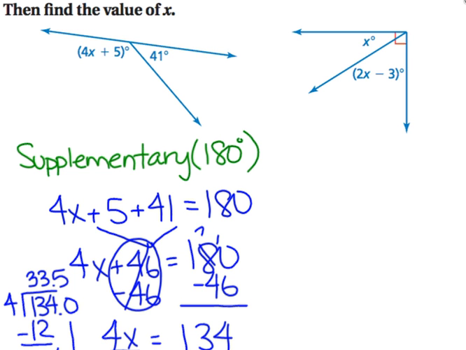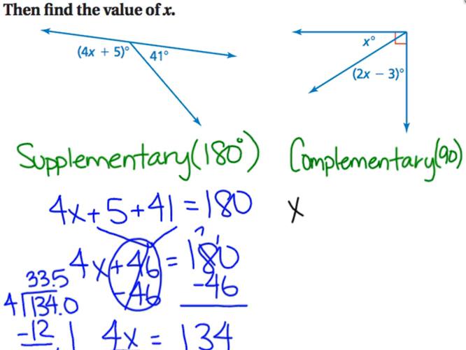Okay, and final example for the video. These two angles form a 90-degree angle, so they are complementary. So I'm going to add them together and get 90 degrees. So when I write my equation, I'll have x plus 2x minus 3 equals 90.